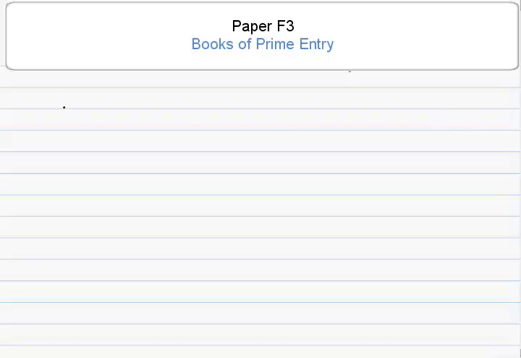And running through them, there'll be the cash book, but there'll be 2 parts to it. There'll be cash book receipts, and this will simply be a list of all cash receipts.